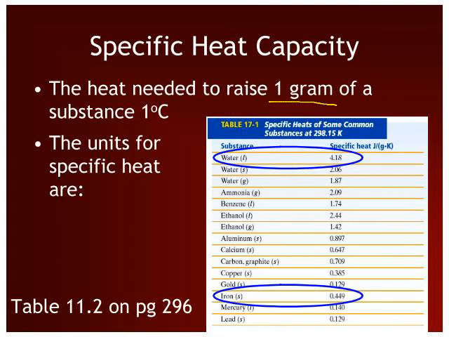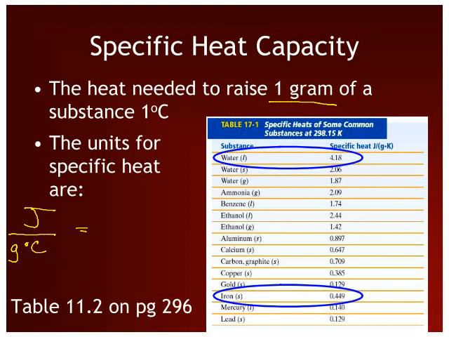And since we're talking about the same amount, it's a lot easier to compare different chemicals and materials to one another because we're still talking about the same amount. The units for specific heat are joules over grams degrees Celsius.